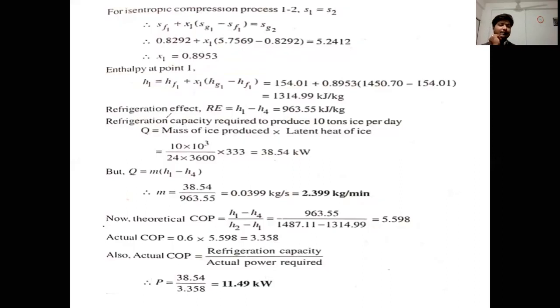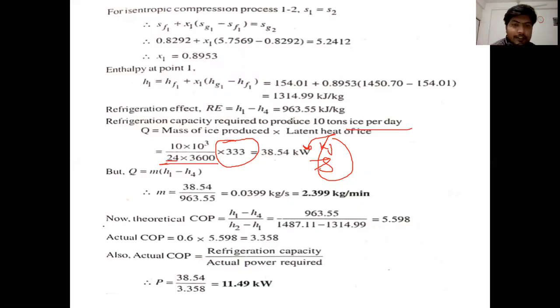Mass of ice produced is 10 ton, in kg that is 10 into 10 raised to 3, and latent heat 333, per day, that is 24 into 3600, because it is converted into kilojoule per second. Kilojoule per second, and joule per second is also watt. That means the capacity of this system is 38.54 kilowatt, heat absorbed in a day.